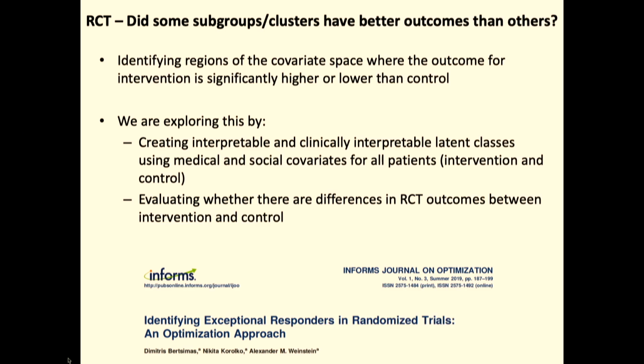In that box, you have both control patients and intervention patients, and then you have the treatment effect. If you can find regions in the covariate space using integer programming, then you can maybe say that, yes, in this region, we saw a difference. So that's something we're doing, but we're doing it using latent class analysis, the method I discussed earlier.